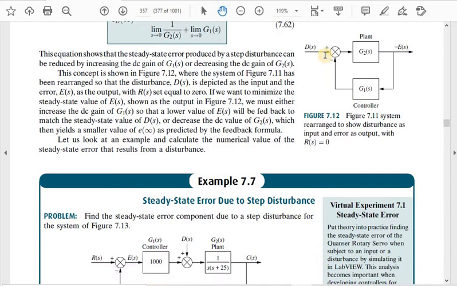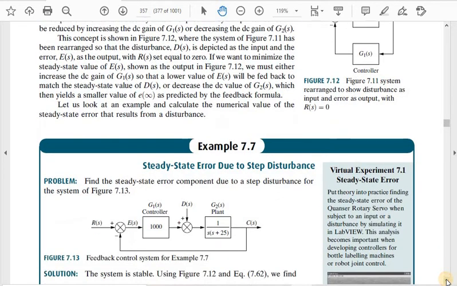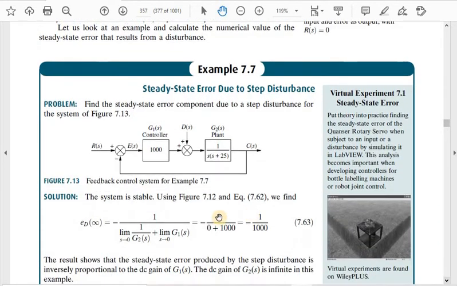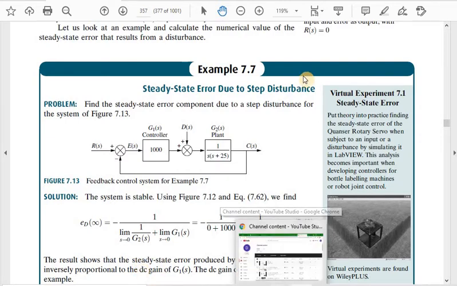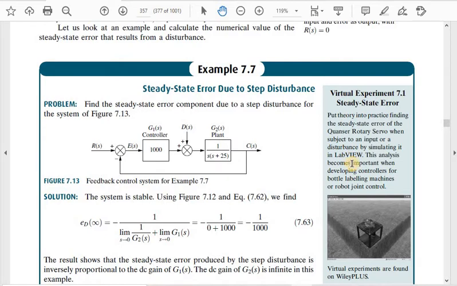We have the input, we have this G1 coming as the output, and this is the minus R. Now we can easily solve this block diagram, or we use the formula that we developed. We just plug in the values and we get 1 over 1000. So this result shows that the steady state error produced by step disturbance is inversely proportional to the DC gain of G1. The DC gain of G2 is infinite in this example.